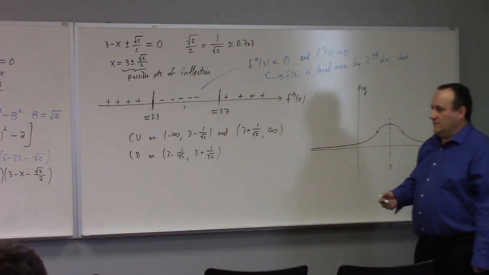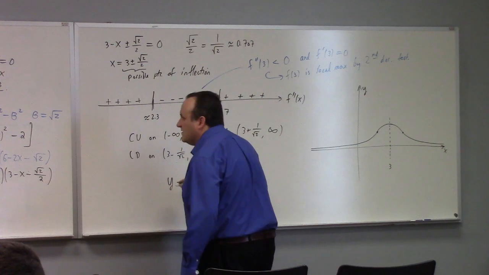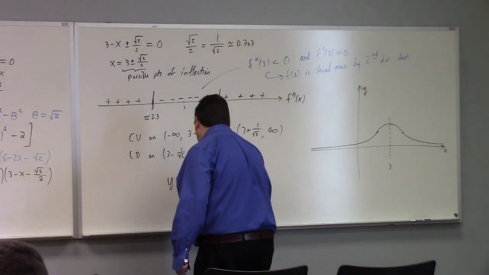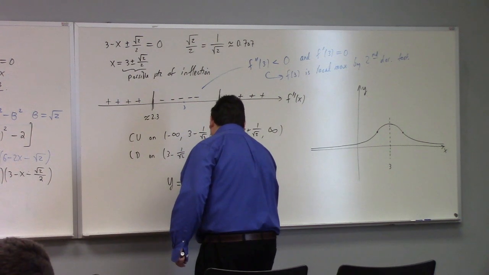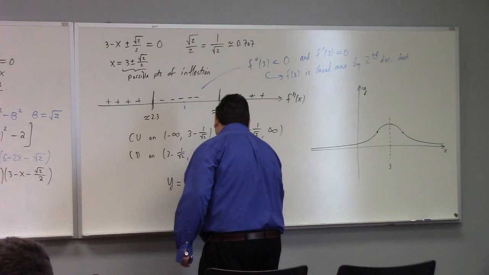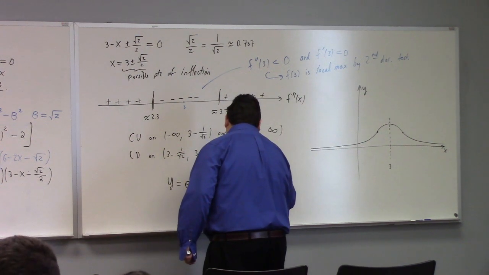Going back to my initial algebraic comment, we have y equals e to the (9 plus 6x minus x squared). If I look at that, that's really e to the minus (x squared minus 6x minus 9).